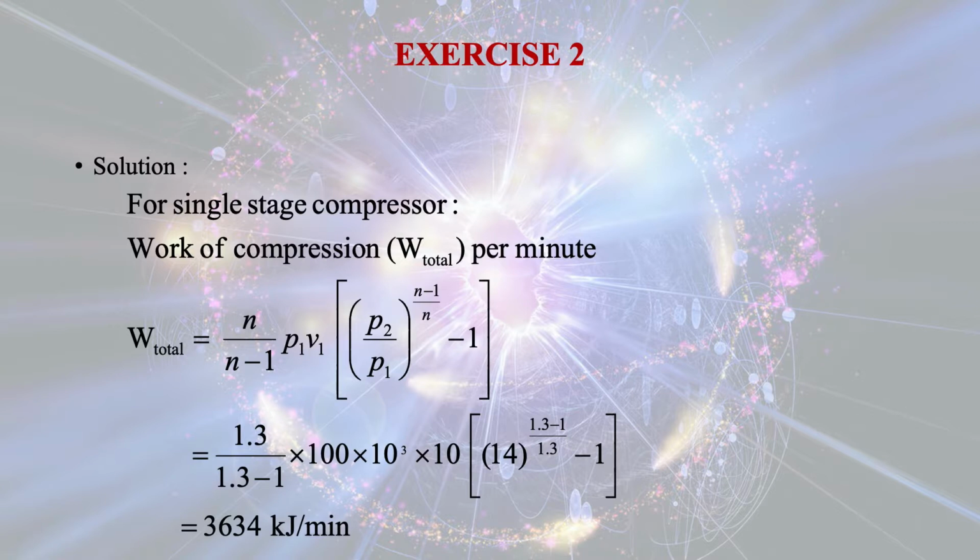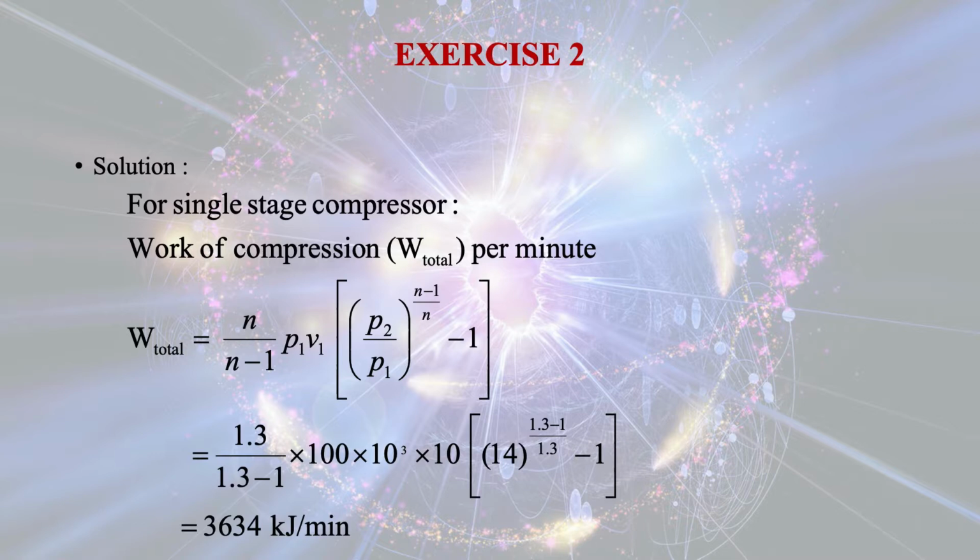Now for a single stage, from P1 to P2, from 100 kilopascal to 1400 kilopascal, how do we calculate the work done? We proceed in the same way: W total is equal to n divided by n minus 1, P1 V1, multiplied by (P2 by P1) to the power (n minus 1) by n, minus 1. But in this case, dear learners, how to solve?